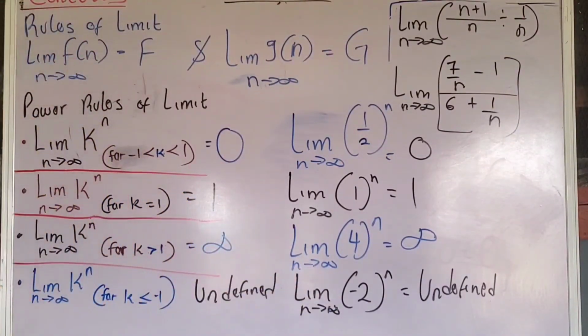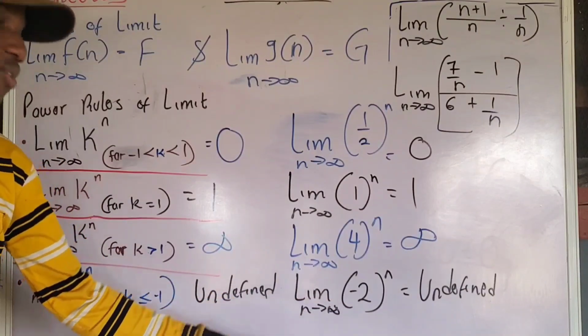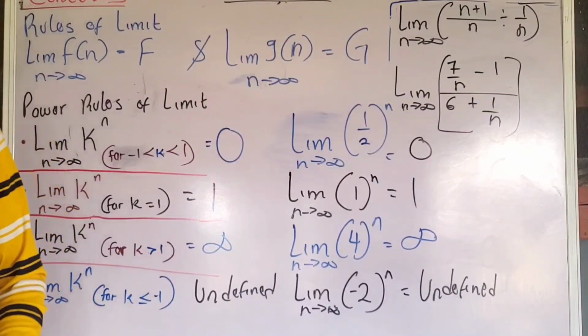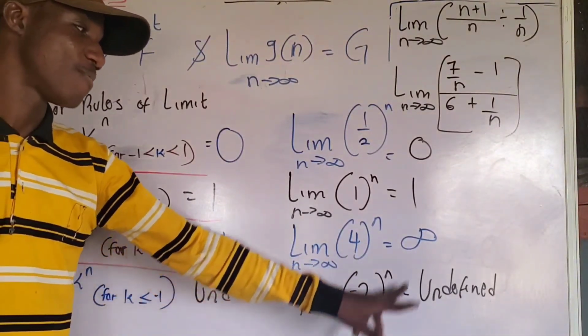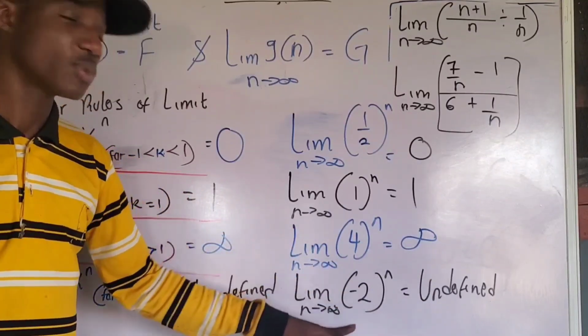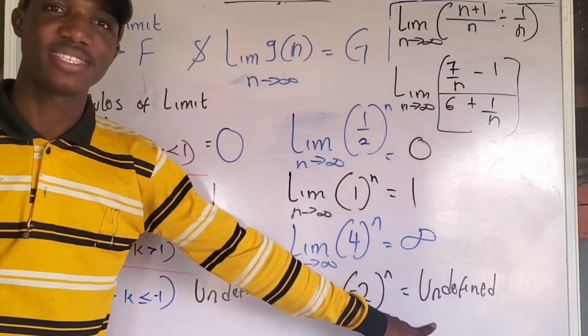Because the sign changes repeatedly, it changes from positive to negative and from negative to positive depending on the value of n. And because n is infinity, and I told you that infinity doesn't have an actual value, the output of this function is undefined.